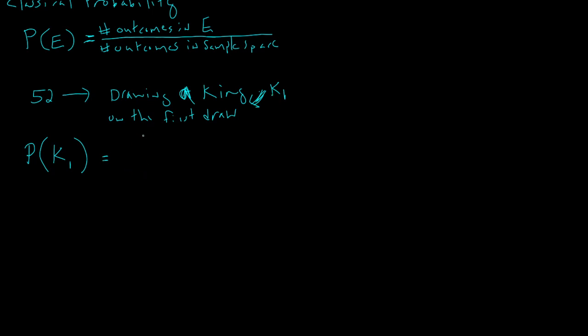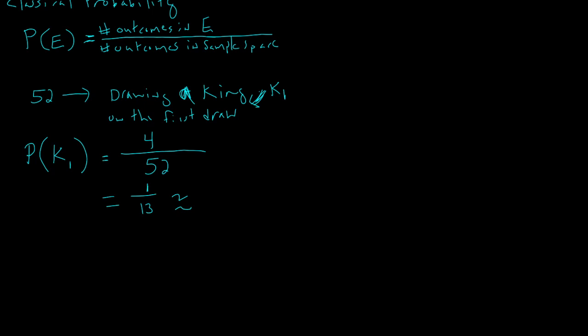Well, there are 4 kings in the deck, so there's 4 possible outcomes, right? A king of hearts, king of spades, a king of diamonds, a king of clubs, out of my 52. Which means, what is that? That's 1 out of 13. Or we can talk about it, I guess, in percentage terms.